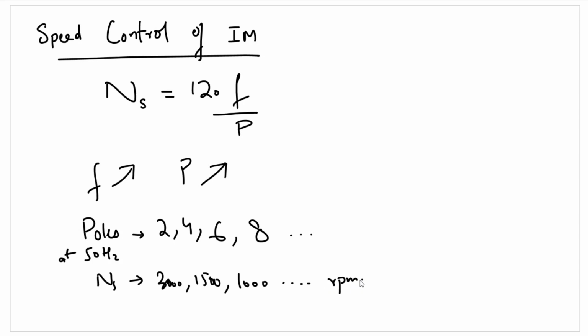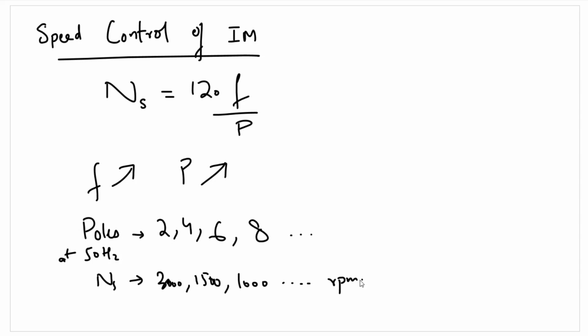So corresponding to two poles, our synchronous speed will be 3000 RPM and our rotor speed will be definitely less than the synchronous speed. Corresponding to four poles, we'll have a synchronous speed of 1500 RPM and our rotor speed will be less than that. Corresponding to six poles, we'll have a synchronous speed of 1000 RPM and the rotor speed will be less than that, and so on.